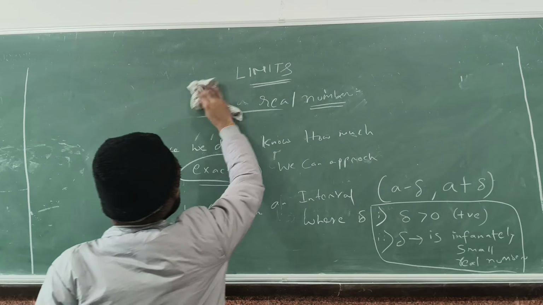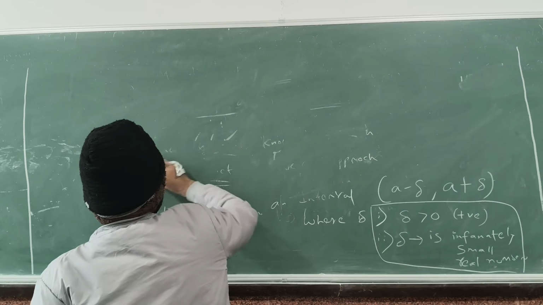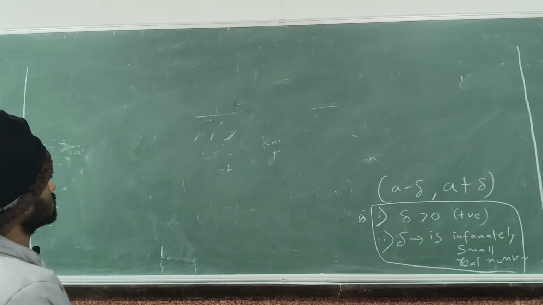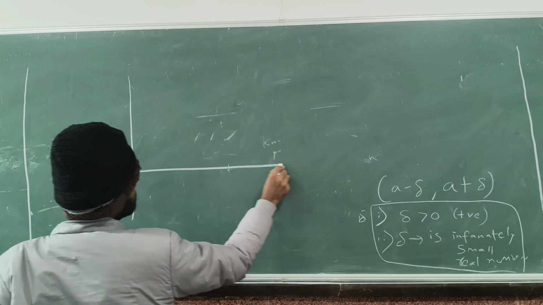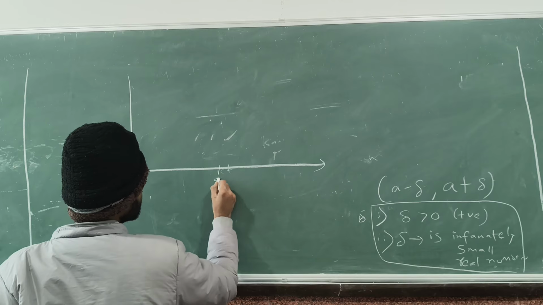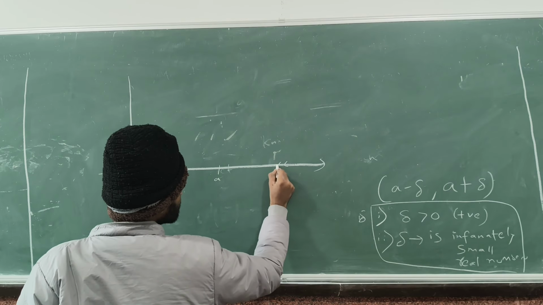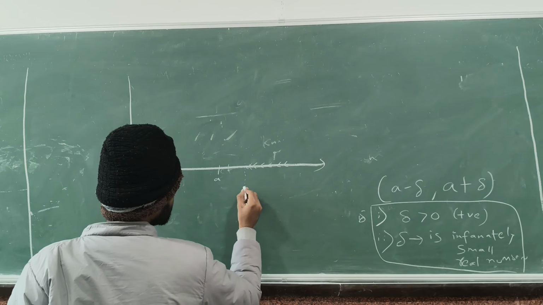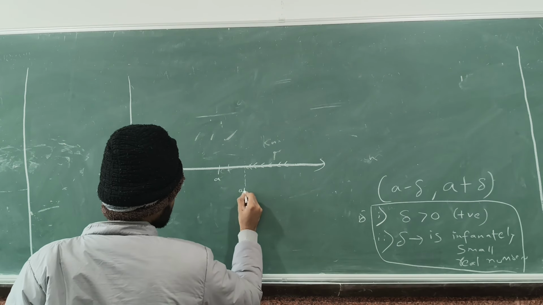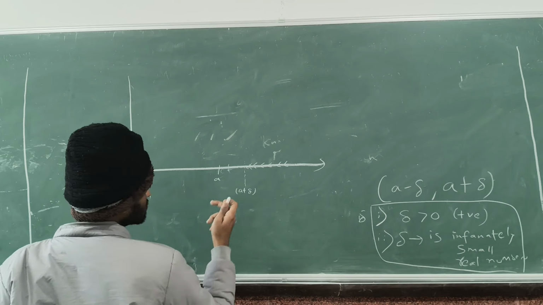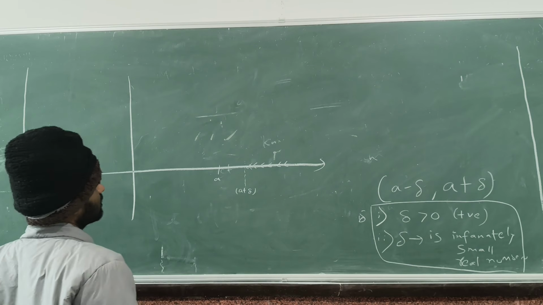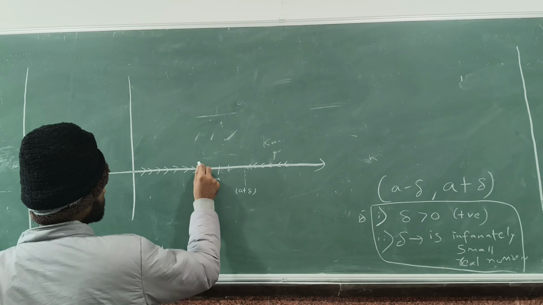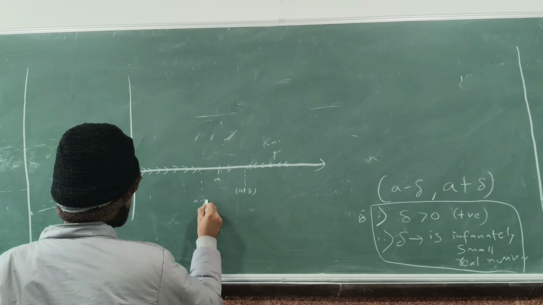So let's represent this in a diagram. On the number line we can represent again: this is A. I am approaching from the right side of A till this point, A plus delta, and because delta is positive, A plus delta is greater than A. And from the left side of A, I approach till this point, A minus delta.